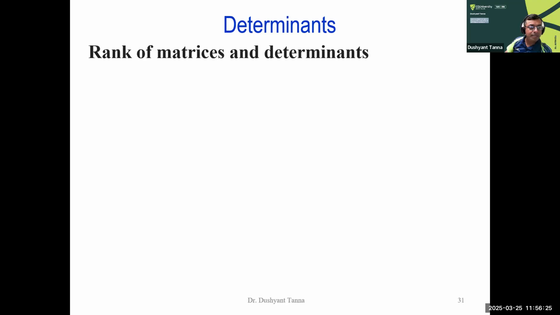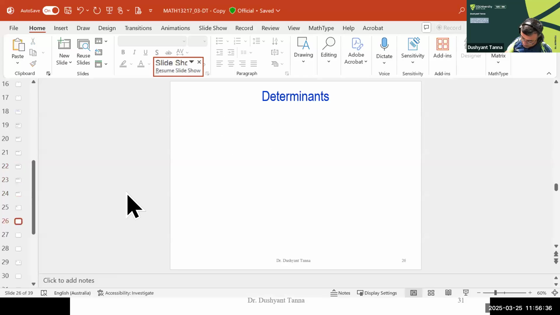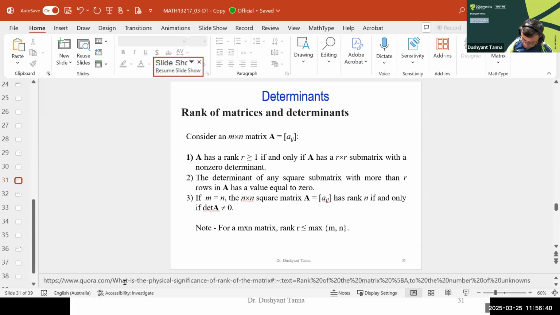Now we talk about something about the rank of a matrix. Again, there is that thing which I have here. That's a link that I wanted to bring up.